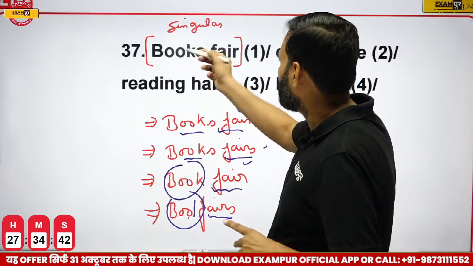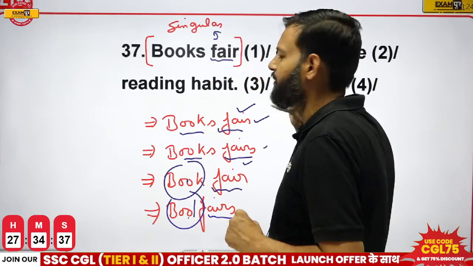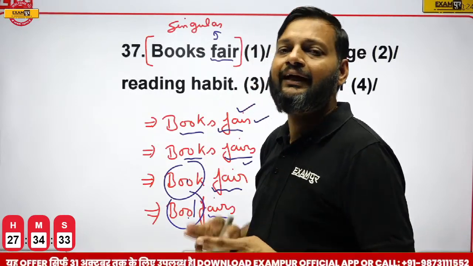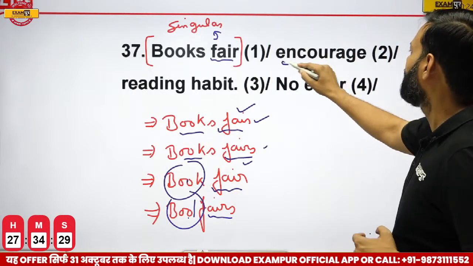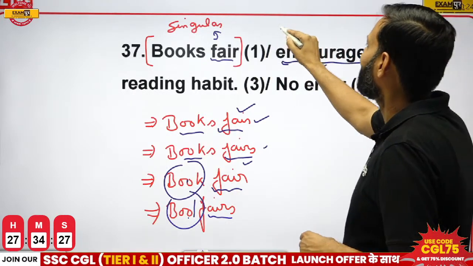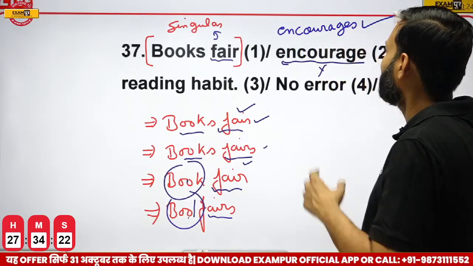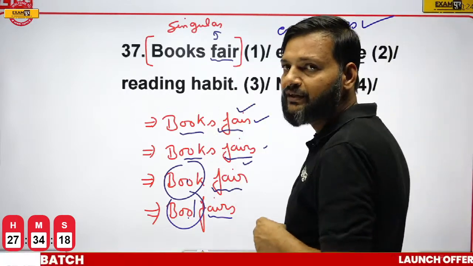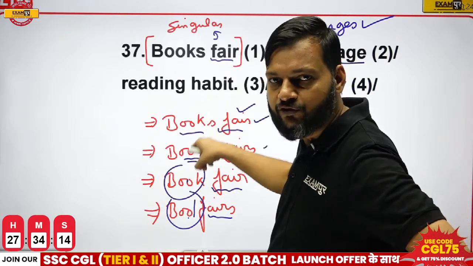Okay, so here books is common, but fair is singular, so this is a singular subject. And if the subject is singular, it has to be followed by a singular verb. But here the verb is plural, so encourage will be replaced by encourages. Now I have told you these 4 expressions because questions can also be asked on this concept.